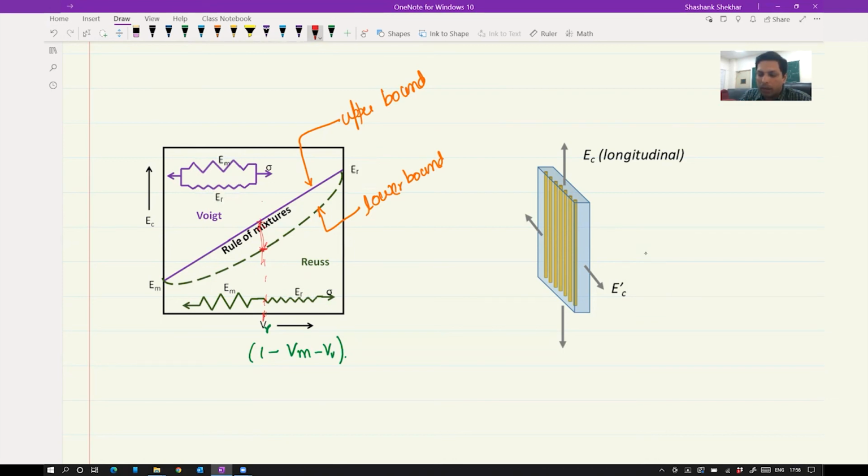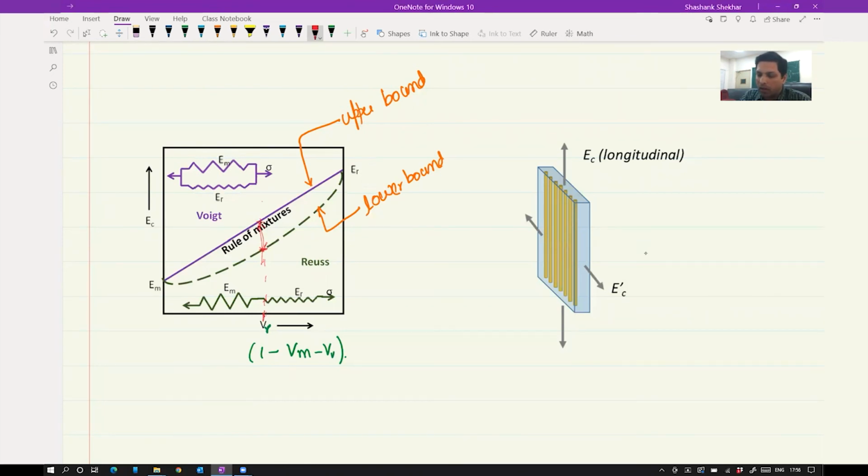So if it is completely continuous reinforcement fibers, something like this, and you are applying the load like this, then this is your EC, which would be the Voigt model, meaning parallel. So this is the IsoStrain condition. The strain in the fiber is the same as the strain in the matrix.